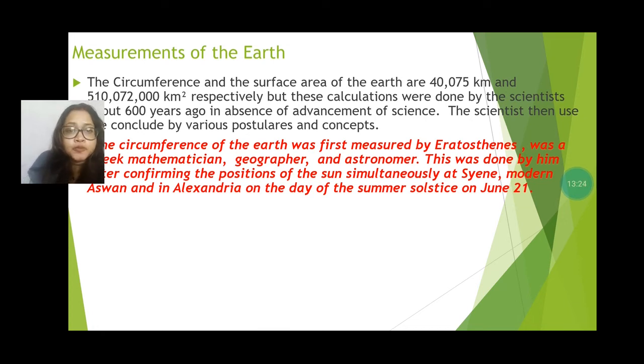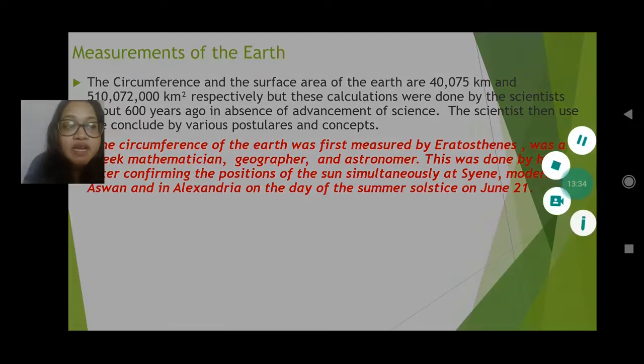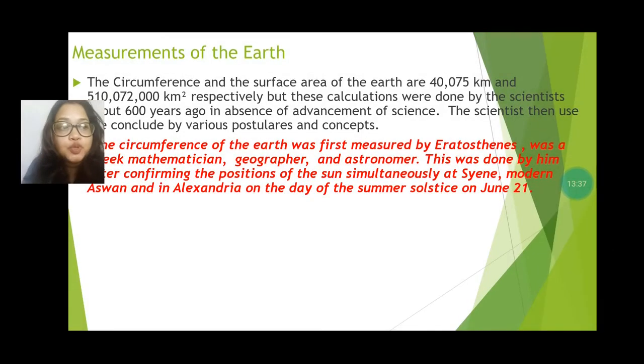So at first, in his experiment, he chose two places: Syene, which is the ancient name of Aswan, and Alexandria.